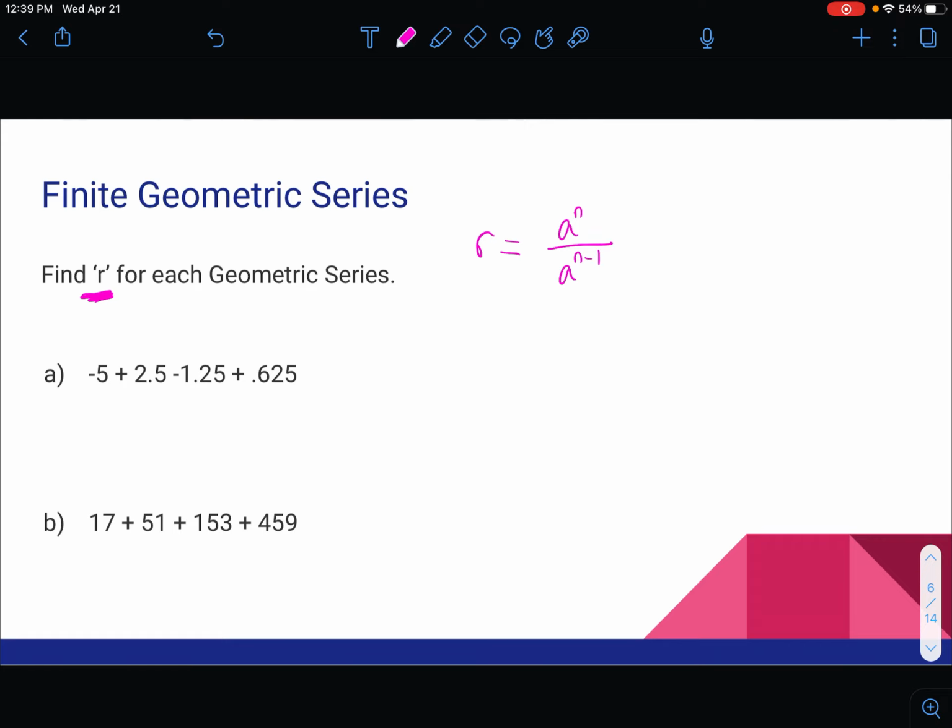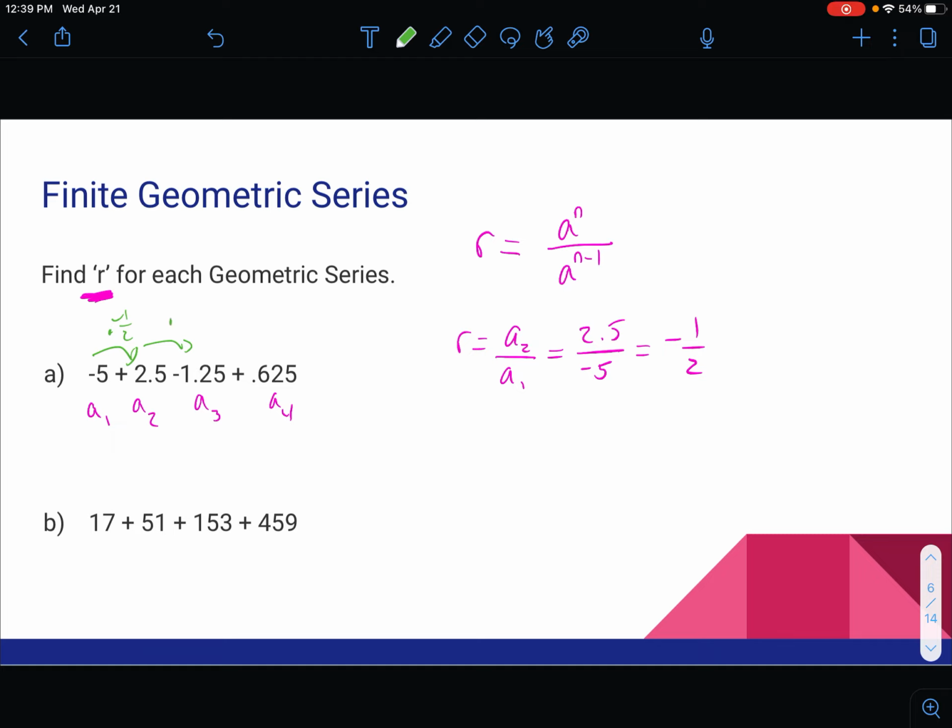So this is a1, a2, a3, and a4. We could say r is the second term divided by the first term, which would be 2.5 divided by -5, which is -1/2. Now we would have to verify that this worked, and from there we could just multiply each term by -1/2.